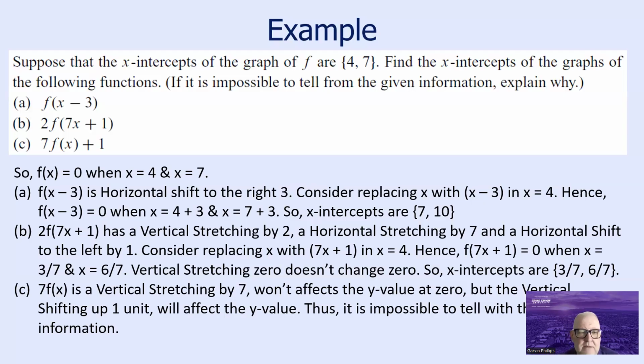The next one, 7 times f of x plus 1. Now, this is a vertical stretching by 7. It won't affect the y values at 0, but the vertical shift up 1 unit will affect the y value. That's outside the actual argument, which means it's going to shift it up. I can tell you that that function, not at 0, not at the x-intercept, but at x equals 1 is 4 and 7.